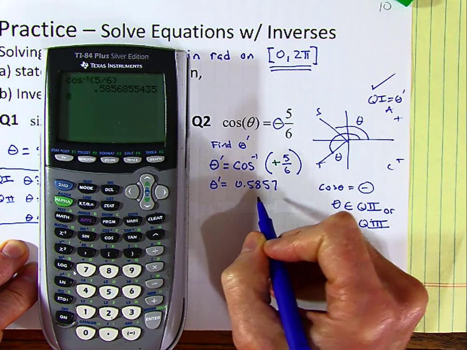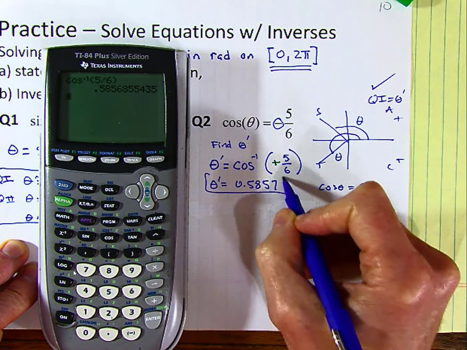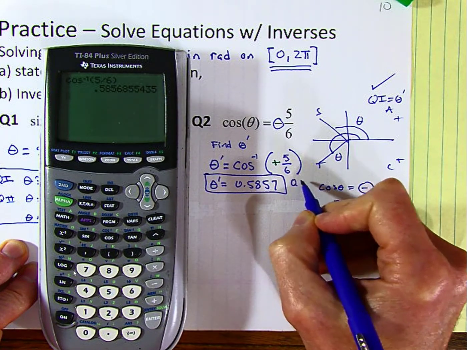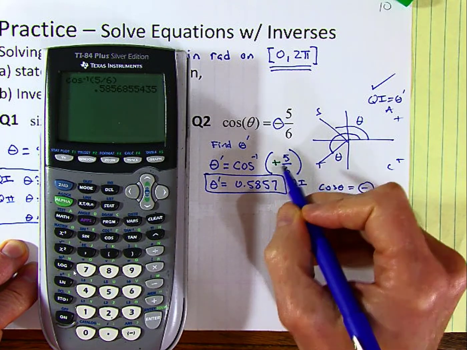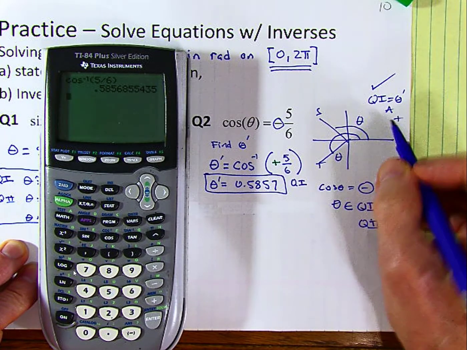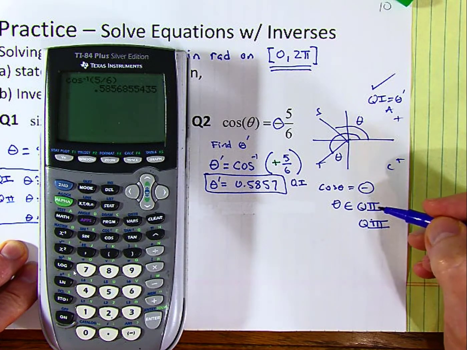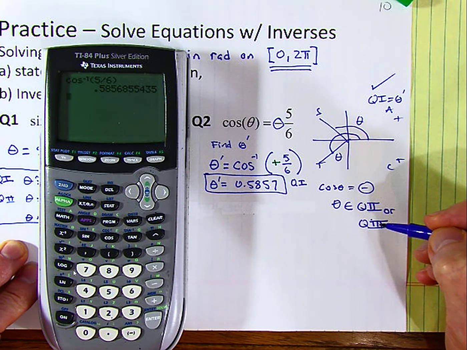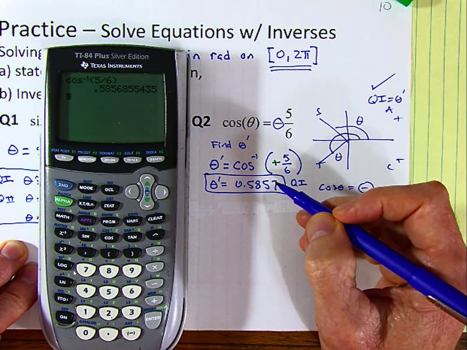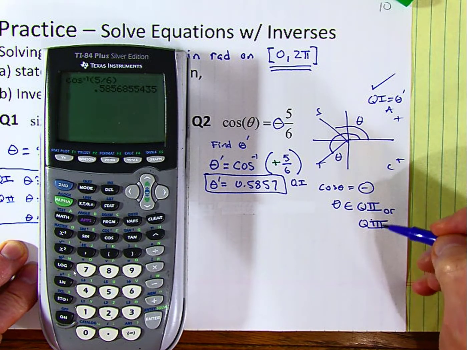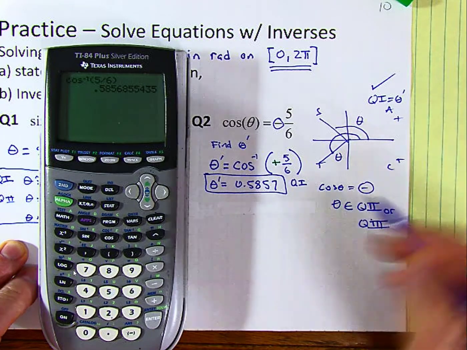That's my reference angle. It's quadrant 1. Because this was positive, cosine inverse of a positive is going to give me quadrant 1. Now, that's not my true solution. My true solutions are in quadrant 2 and quadrant 3. But because I know the reference angle, I can solve for these other answers.